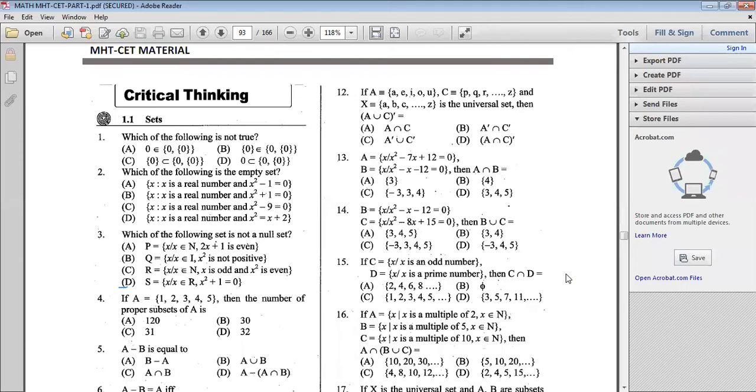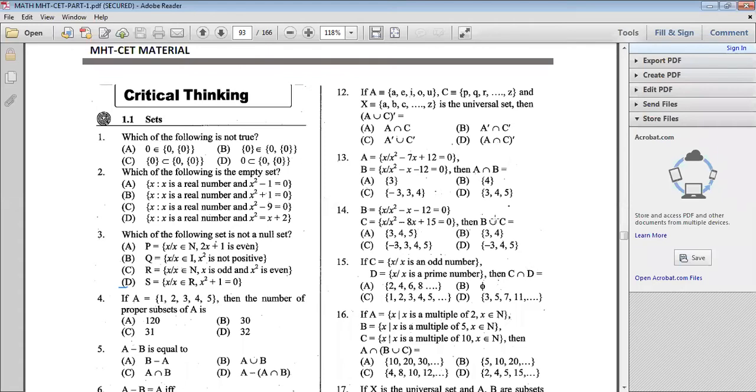Okay. Now look at the fourth problem. A is equal to 1, 2, 3, 4, 5. Then find the number of proper subsets of A. Just observe this. A contains 1, 2, 3, 4, 5, which means it has 5 elements.